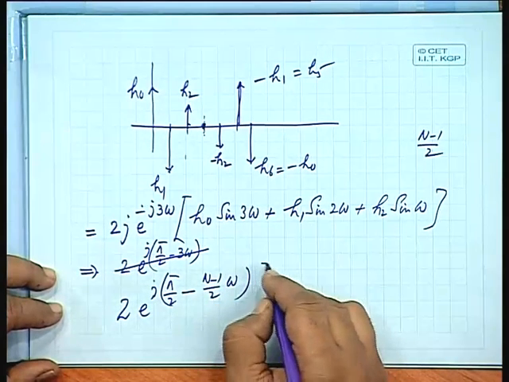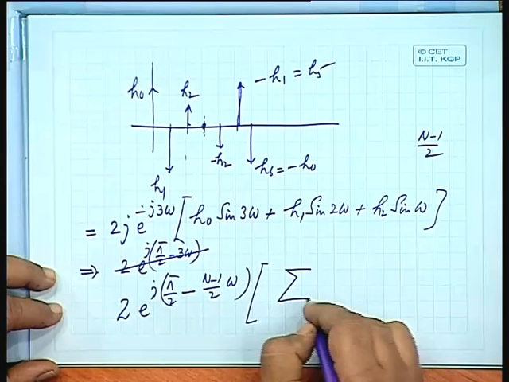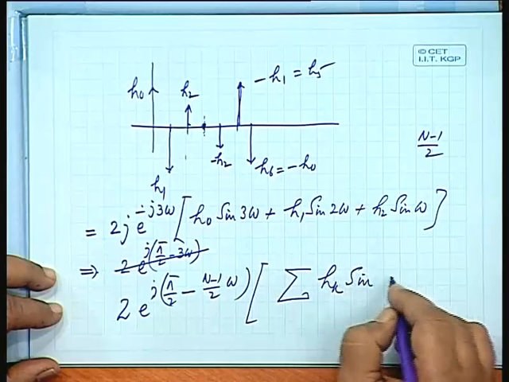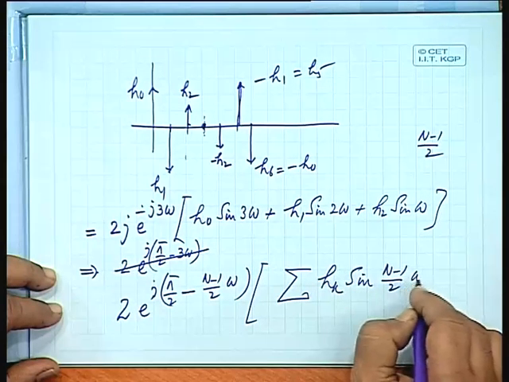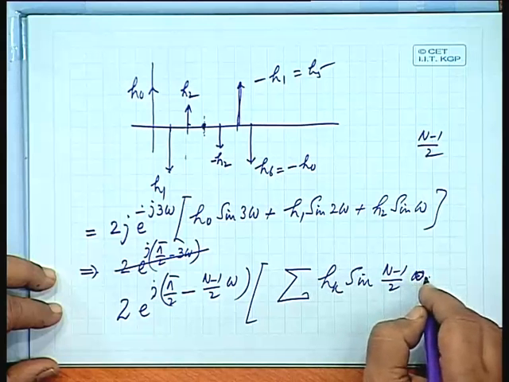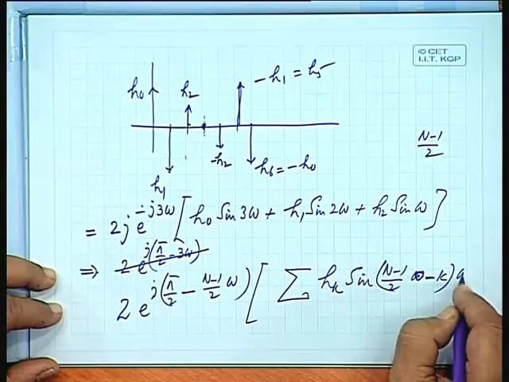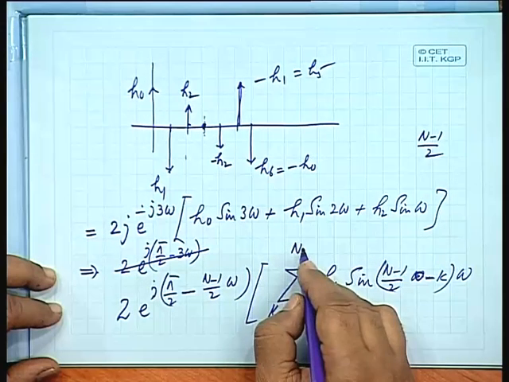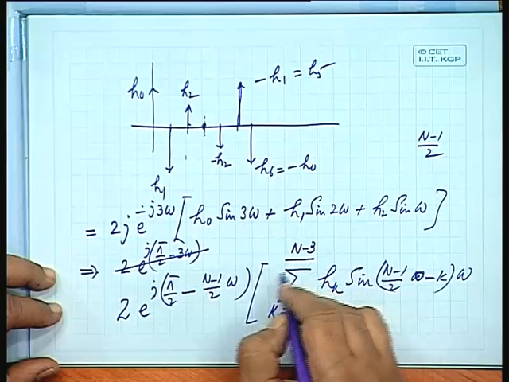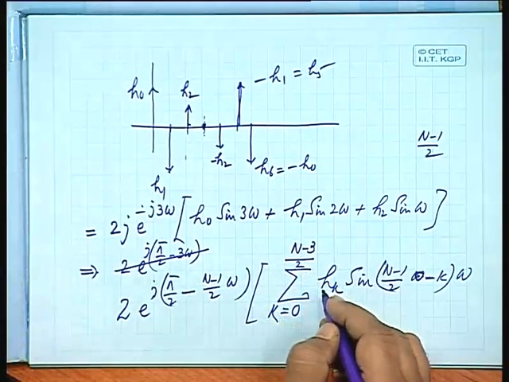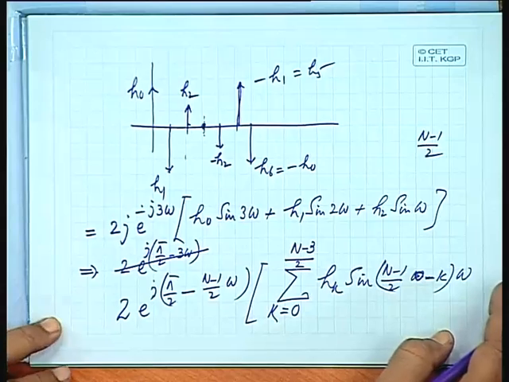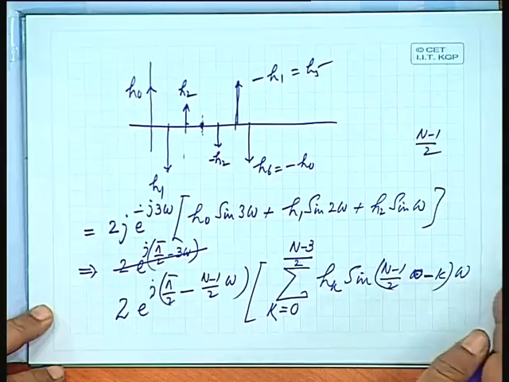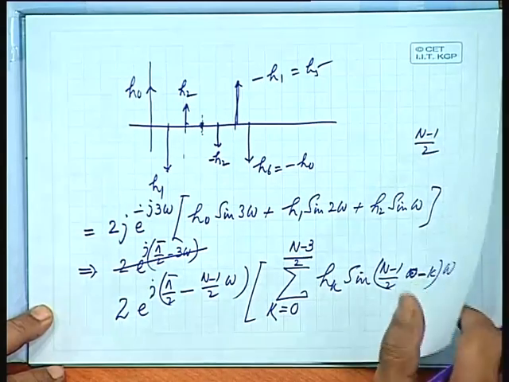Inside you will have a summation hk sin n minus 1 by 2 omega minus k into omega, k varying from 0 to n minus 3 by 2. Why n minus 3 by 2? H3 is 0.